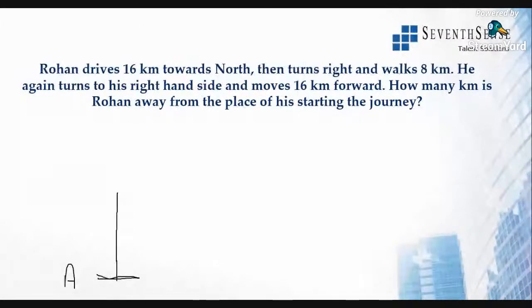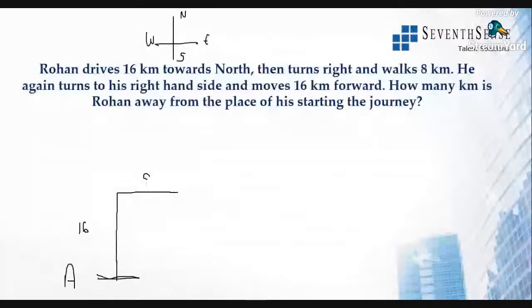Roughly, whenever you're drawing, please make sure you note down the numbers. Then he turns right from north. Make a note of this diagram: north, east, south, and west. From north, right-hand side is towards east. So he turns right and walks 8 kilometers, from here towards east.